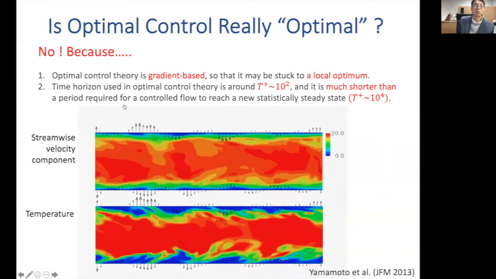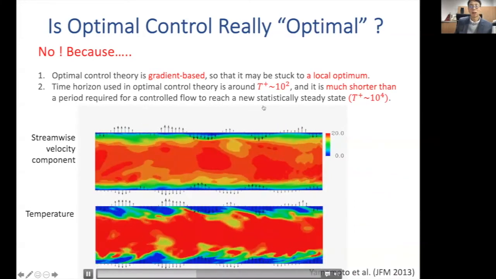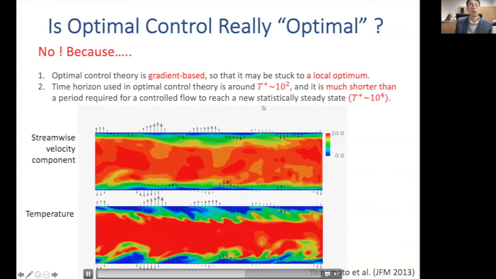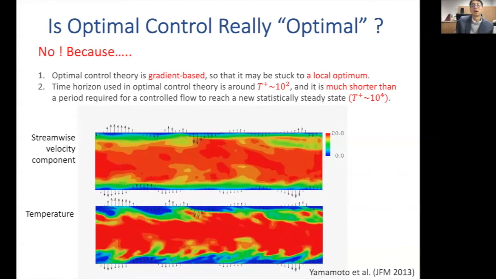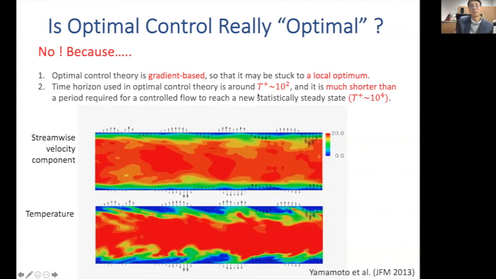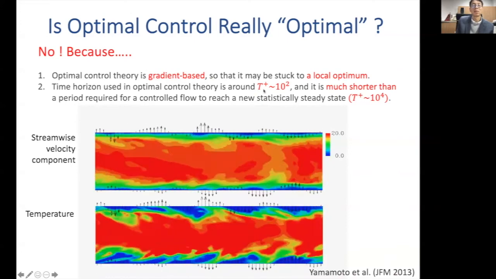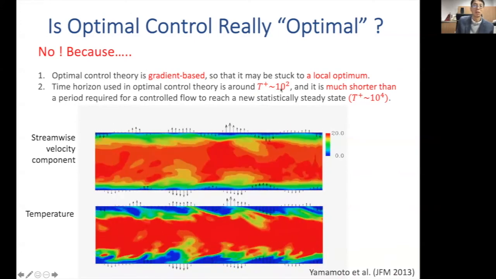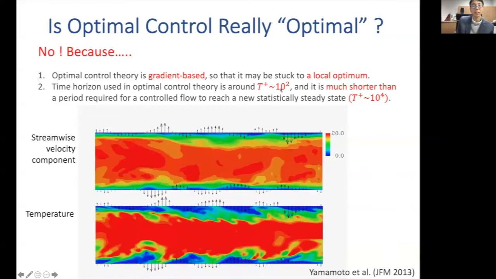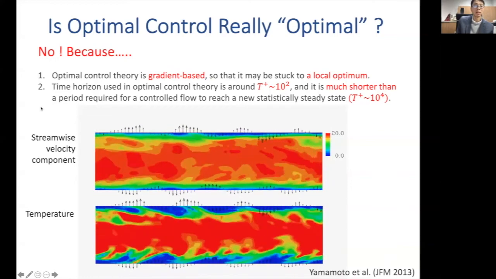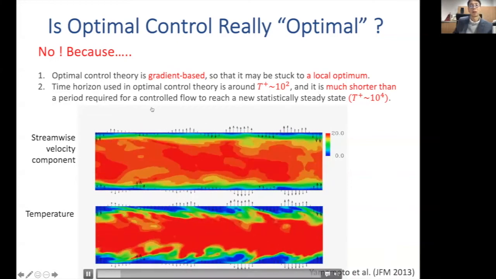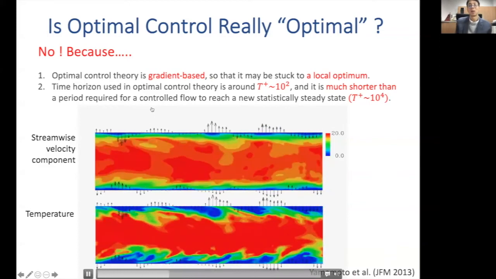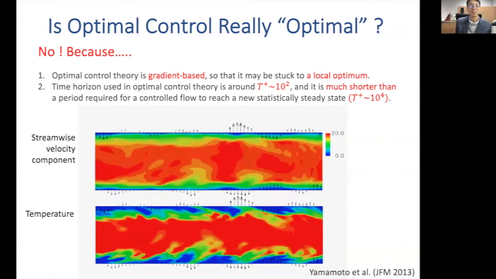Another issue is that we always apply optimal control theory with some finite time horizon. In this particular case, T plus, which is in wall units, is around 100. And this time is much shorter than the period required for the flow to reach a new statistically steady state.